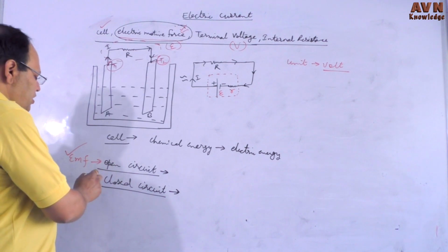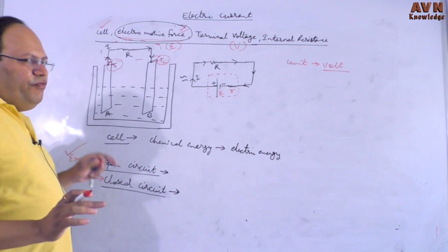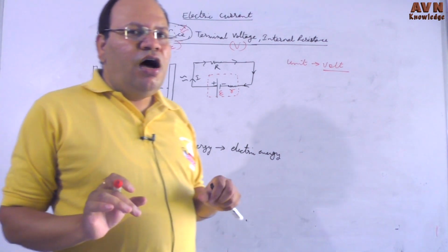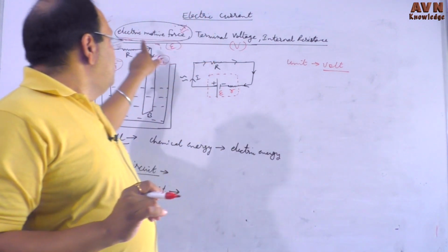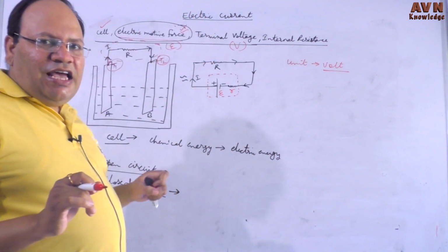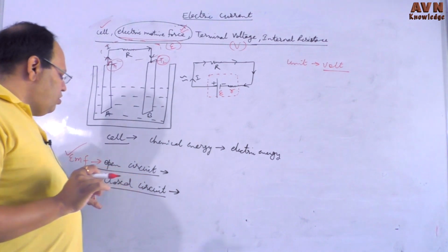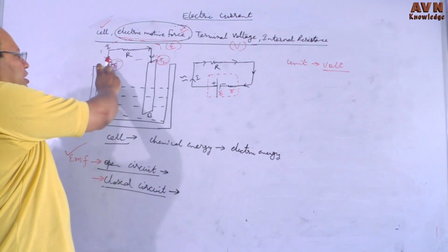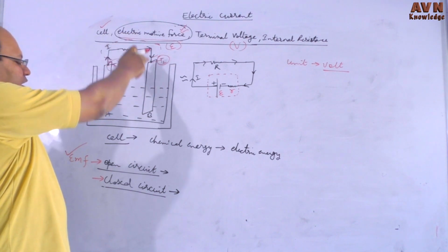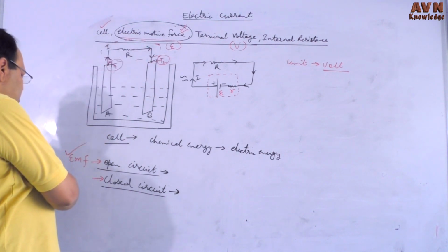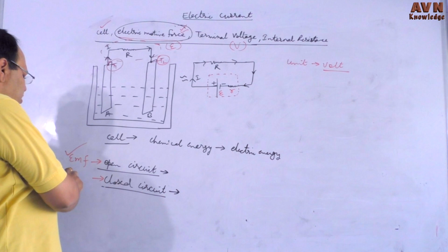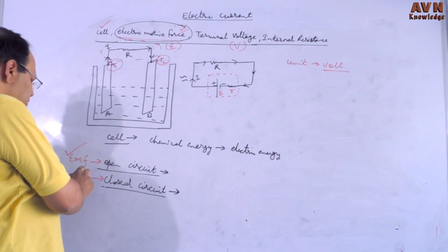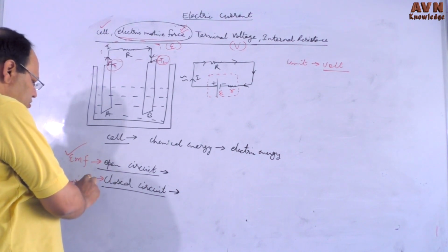In closed circuit, when the external resistance R is connected to this cell, that is closed circuit, and the potential difference between T1 and T2 in closed circuit is called the terminal voltage.